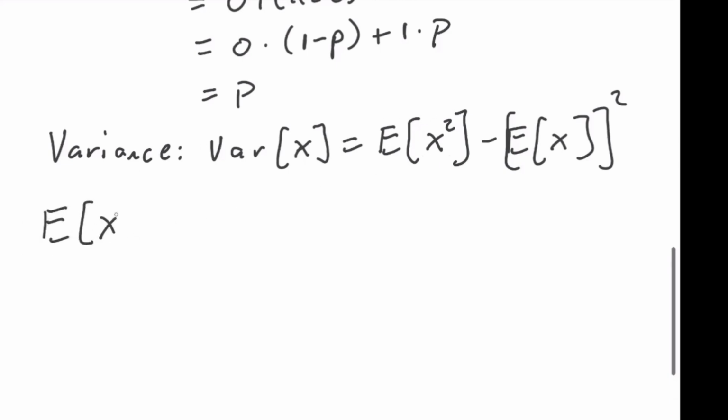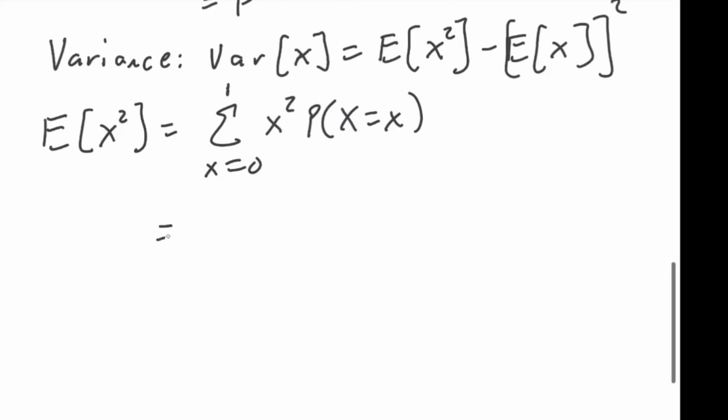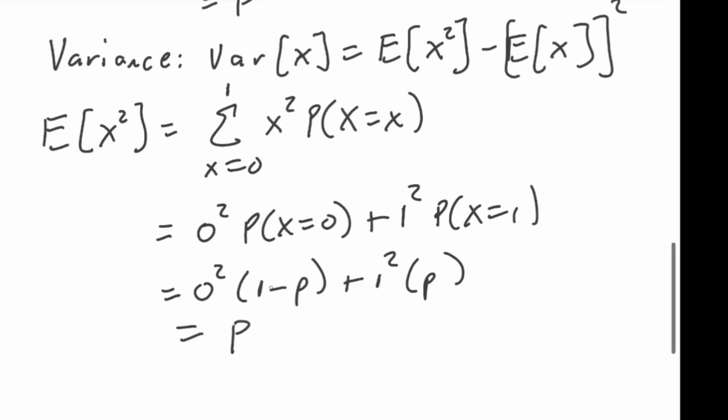So the expected value of X squared is equal to the sum from x equals 0 to 1 of x squared times the probability that X is equal to x. So it'll be 0 squared times the probability that X is equal to 0 plus 1 squared times the probability that X is equal to 1. That's 0 squared times 1 minus p plus 1 squared times p. And as you can see, it's going to be p, because 0 times anything is 0, and 1 squared times p is still p.